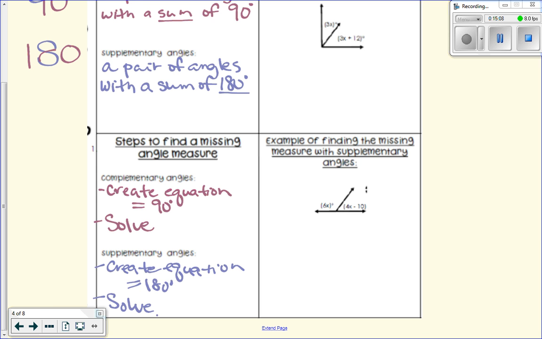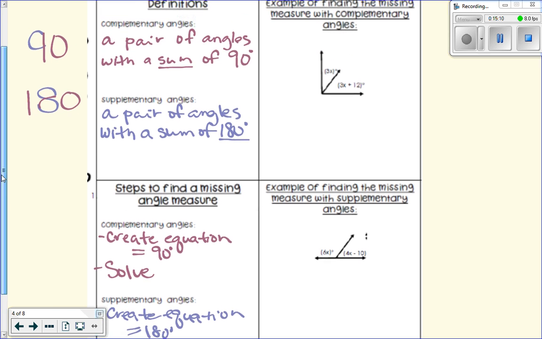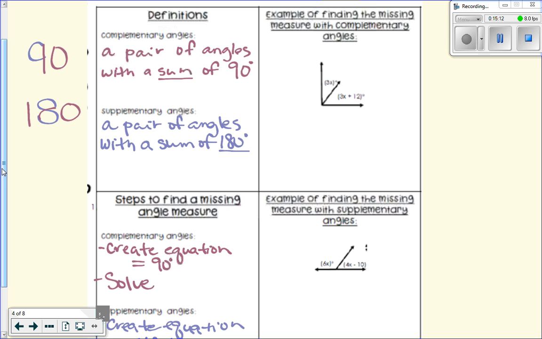So we have two examples here. Let's first look at the top one, the example of finding missing measure with complementary angles. Okay? So complementary is what? 90 degrees. Notice this is a right angle. So when we add them up, they're going to equal 90 degrees. So our first step is to create an equation.